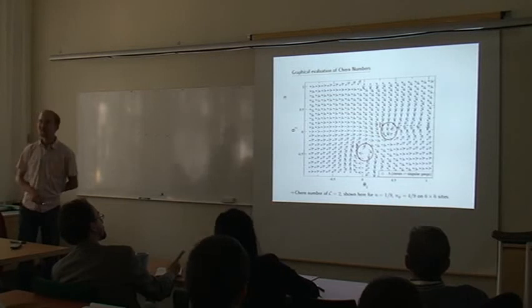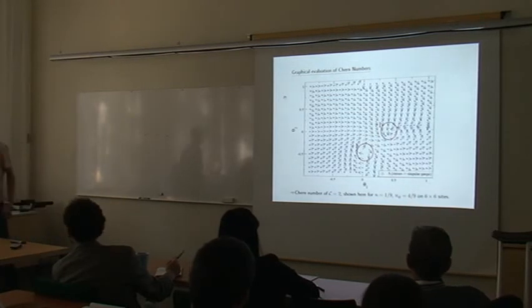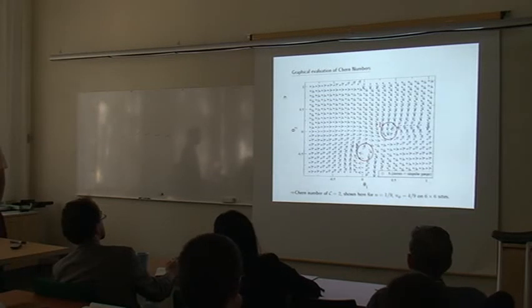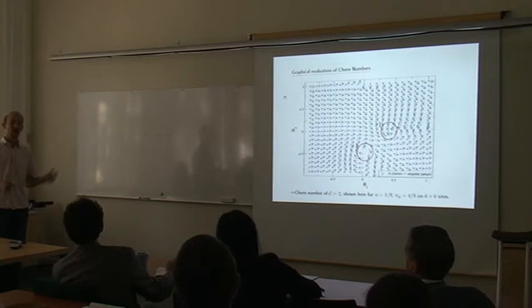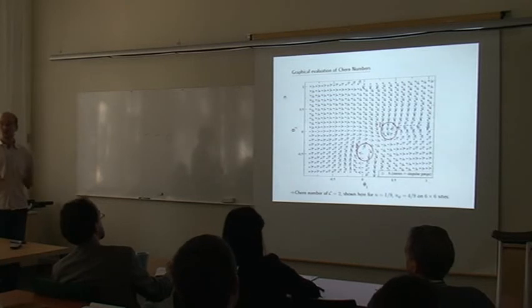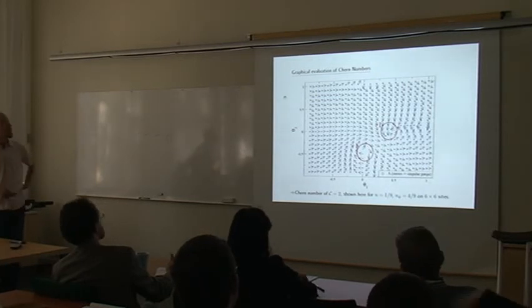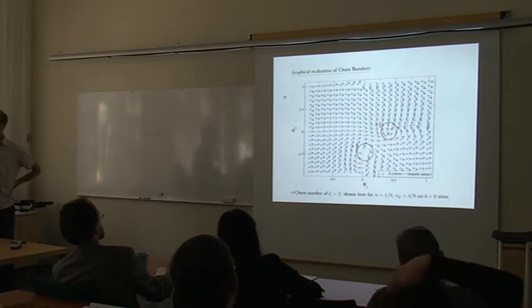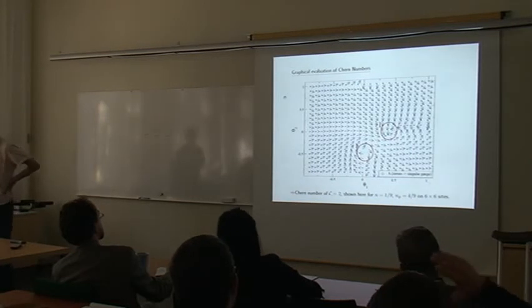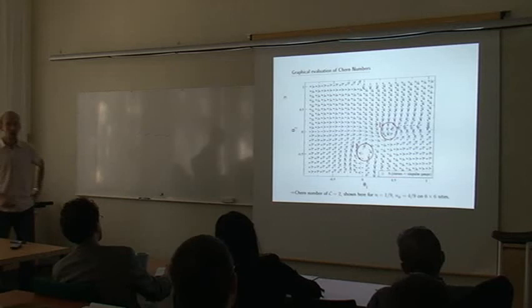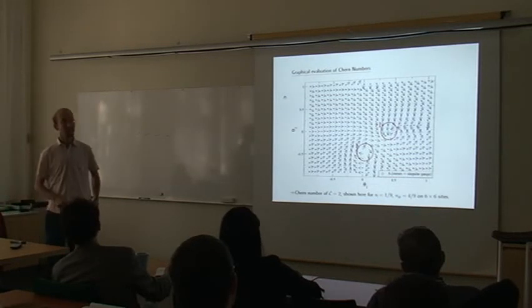So the Chern number is 2. How does this picture depend on the reference states you take? Oh, I can show you the graphs, but the position of these vortices kind of wander around. It depends on what kind of reference states you choose. But the number is an integer which remains constant. And you can use any reference state you like as long as they're not exactly the same as each other.